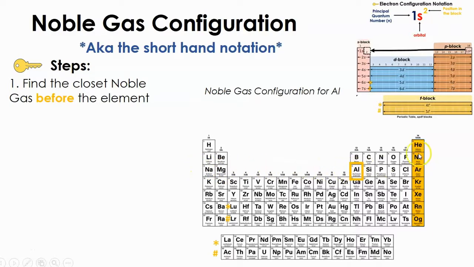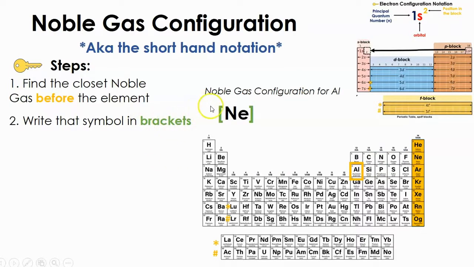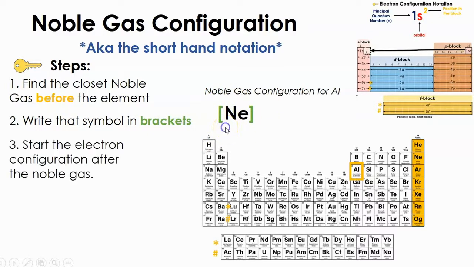The first noble gas that we hit before aluminum is neon. So you're going to take neon, and the second step is to write neon in brackets. So we have the symbol for neon, and we are writing it in brackets. What this does is this noble gas is like a placeholder for our electron configuration.